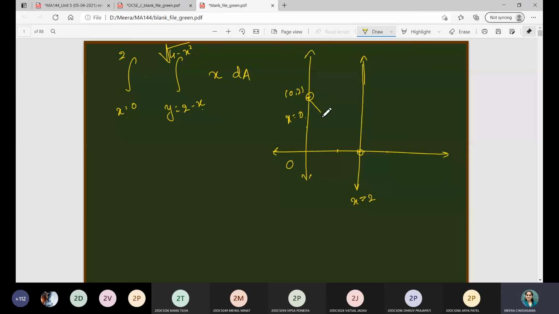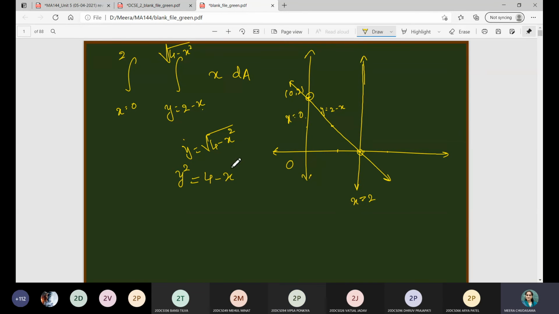So the line joining these 2 points will be this one. Fine. So y is equal to 2 minus x is this one. One point will be 1, 1, right? And y is equal to square root of 4 minus x square. What does it represent? Circle.